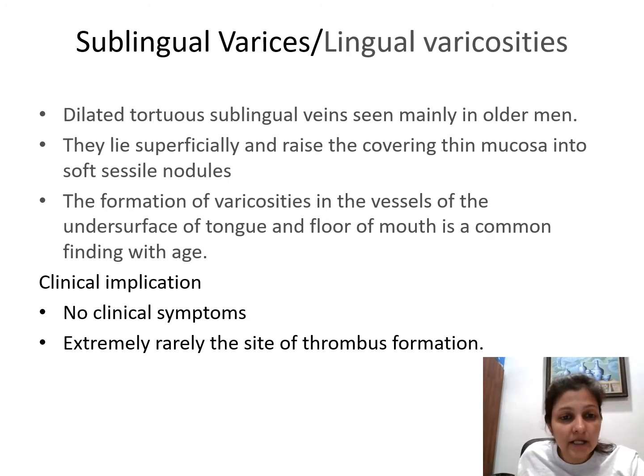Again, the clinical implication is not much. There are no symptoms at all, and extremely rarely this could be a site for thrombus formation. But you must understand that it's because of these veins and the prominent blood supply in the sublingual region that medication kept in the sublingual area is easily absorbed.